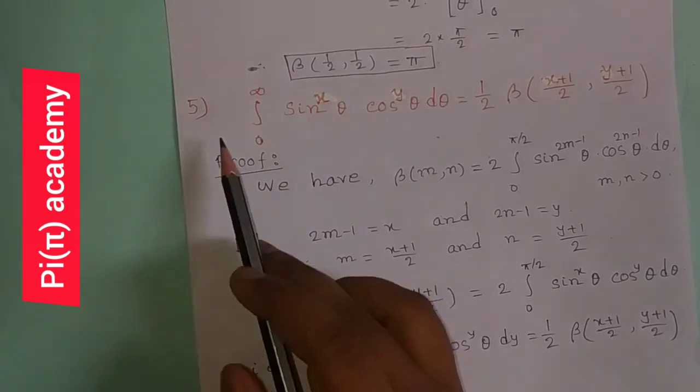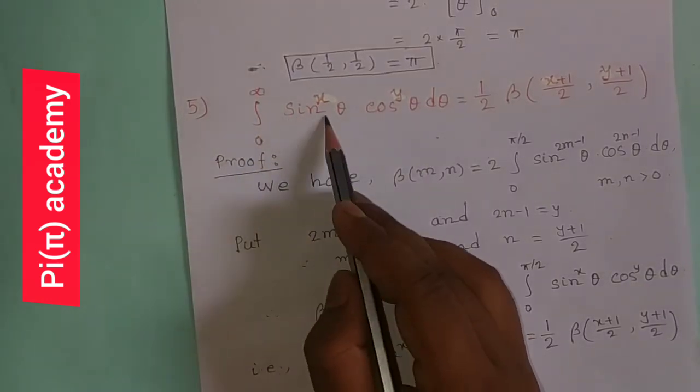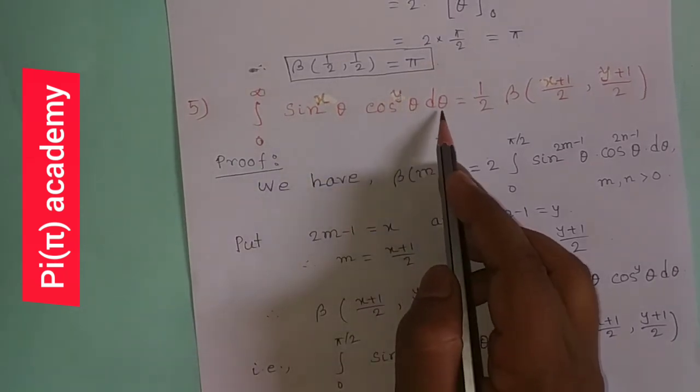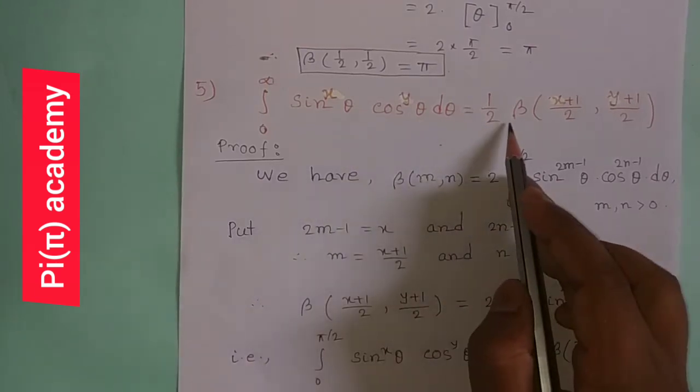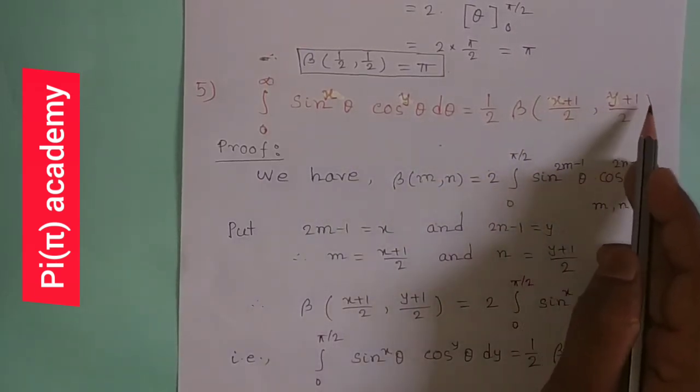Now property number 5: integral 0 to pi by 2 sin to the power x theta into cos to the power y theta d theta equal to half into beta x plus 1 by 2 comma y plus 1 by 2.